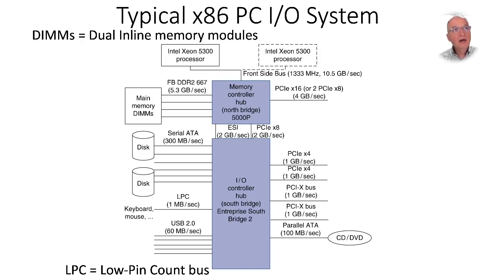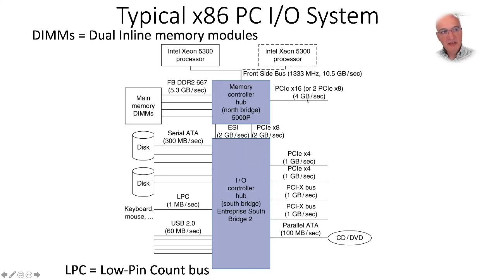Here is a typical x86 PC I/O system. The main processors are up here. I may have a single processor or dual processors. Nowadays, pretty much every machine has multiple processors. Then I have a memory controller hub that is called the North Bridge, and the I/O controller hub down here that is called the South Bridge. As you can see, your memory, here represented by dual inline memory modules, is connected to the North Bridge, the memory controller.